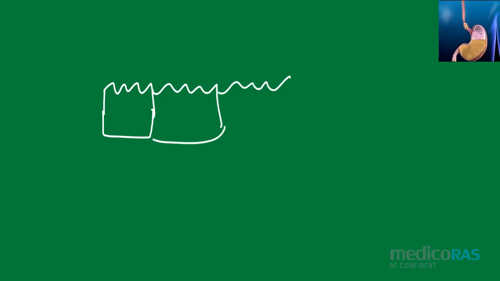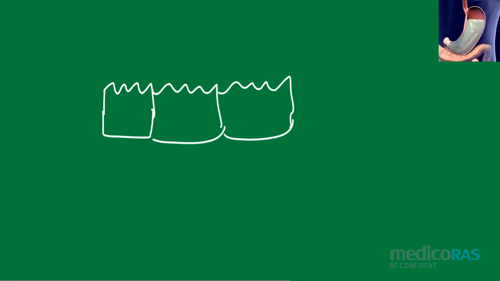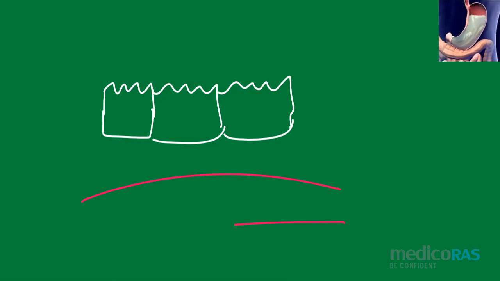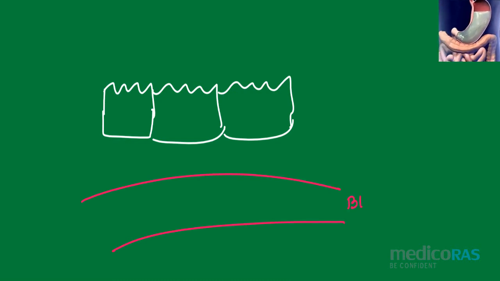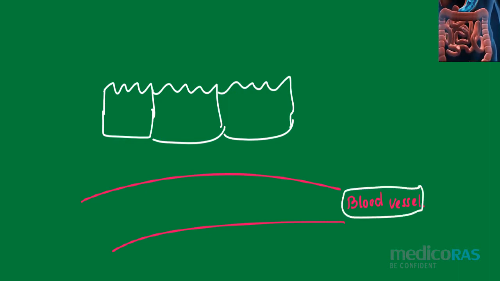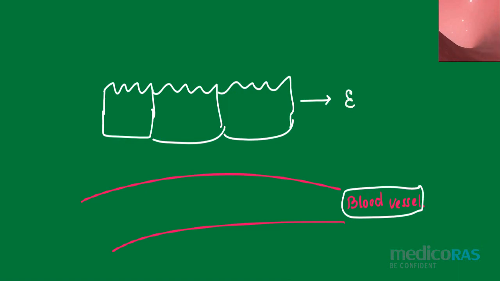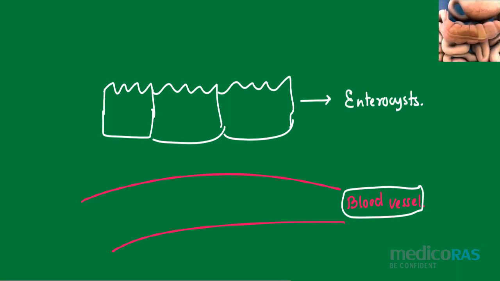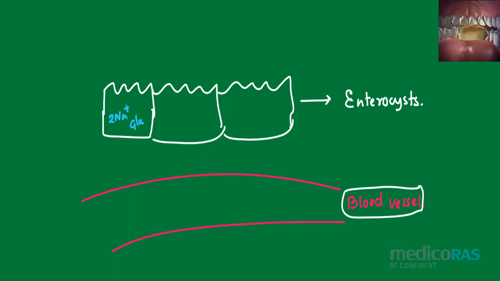Now let's check how the further absorption will take place. As you know, below the enterocyte cells we have a blood vessel, so we can represent the blood vessel in this manner. Here we have drawn the blood vessel, and this structure is known as enterocytes. You can see here we have already entered 2 sodium ion and glucose molecule.